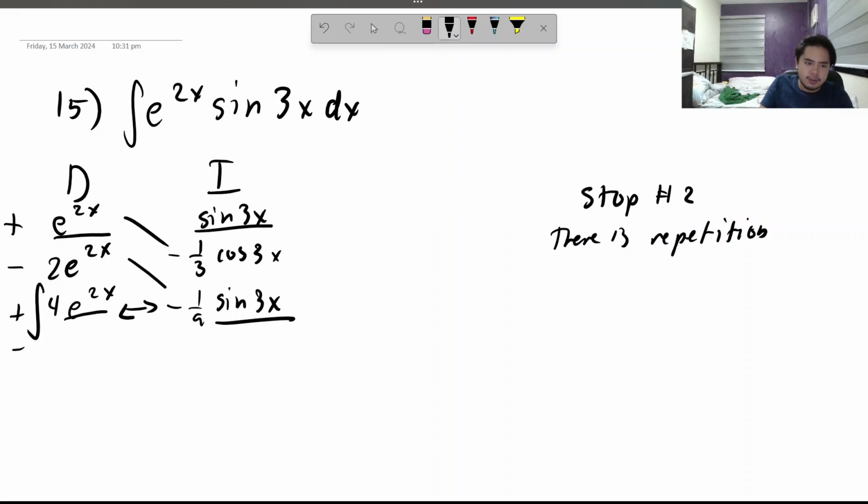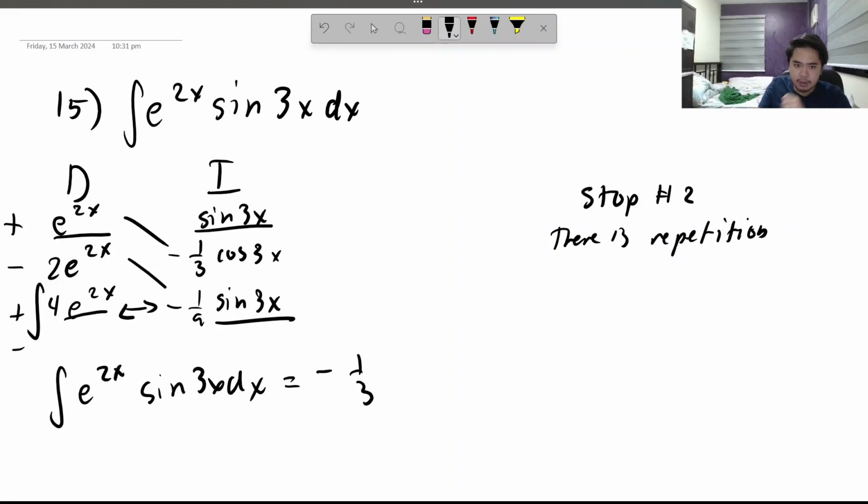Alright, so let's actually write this. The integral of e to the 2x sine 3x dx is equal to plus minus, that is negative 1/3, e to the 2x cosine 3x. Minus minus, that's plus 2/9. 2 times 1/9 is 2/9.